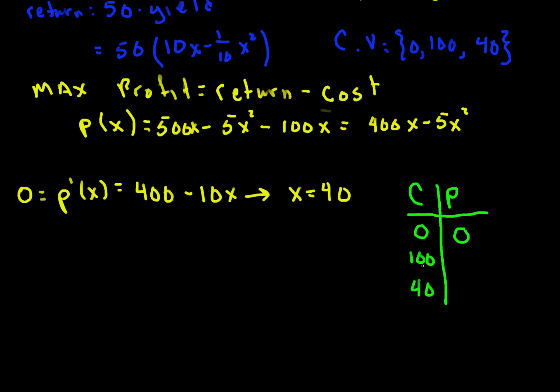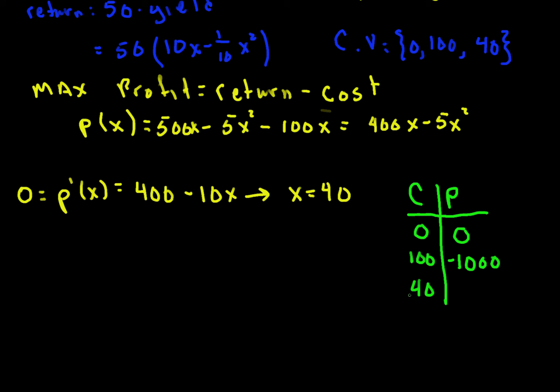If she plants the total amount of wheat, 100 units, and we put this in here, we'll get negative $1,000. So if she plants as much as she can, she'll lose $1,000. So this is actually our minimum. That would be a bad scenario.